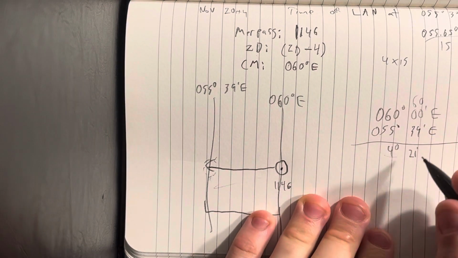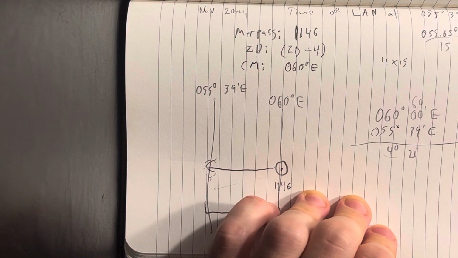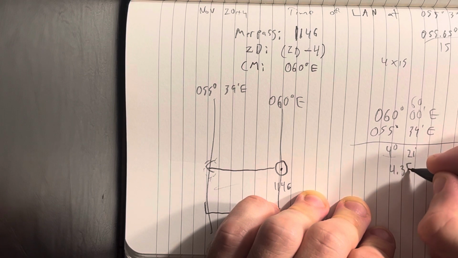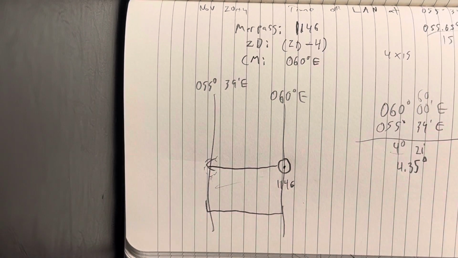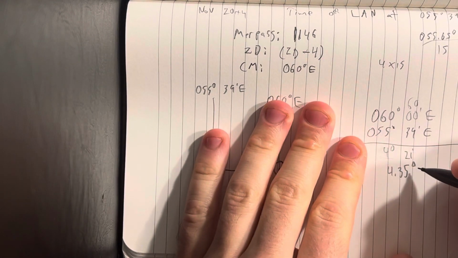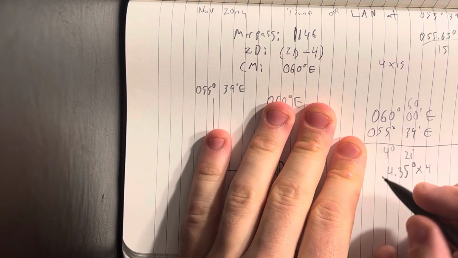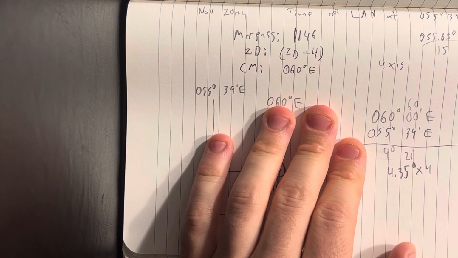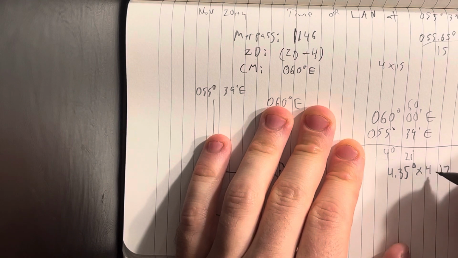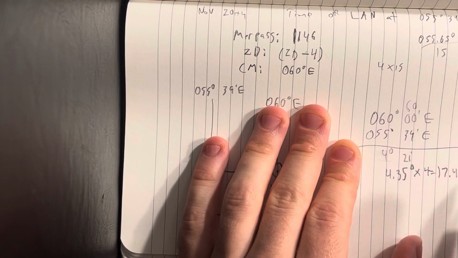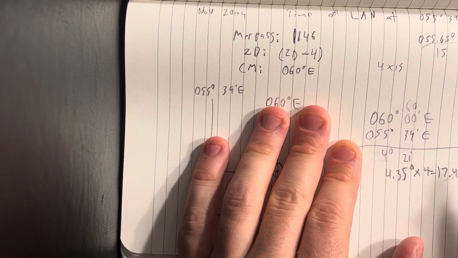So our DLO is 4 degrees 21 minutes, which we do 21 divided by 60 is 4.35 degrees. So now our arc to time is 4.35 times 4, because 1 minute every 4 degrees, 17.4 minutes. Now we can round it down to 17. 17 is close enough.